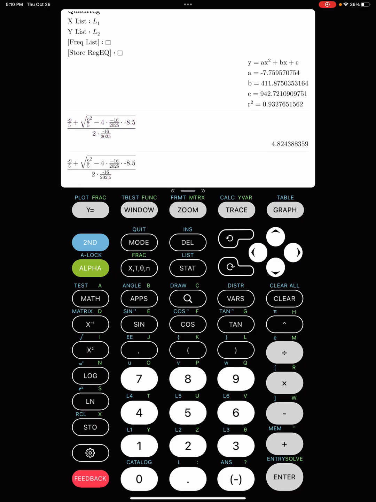And then we go up, press enter. You don't have to type all of that in, we just change our plus.